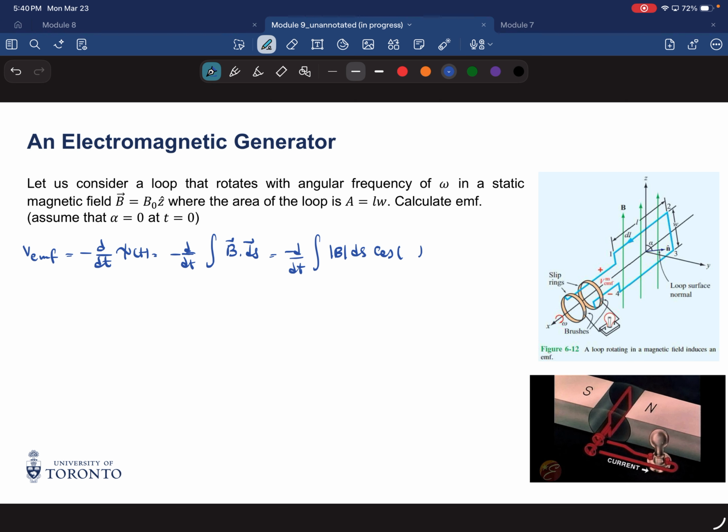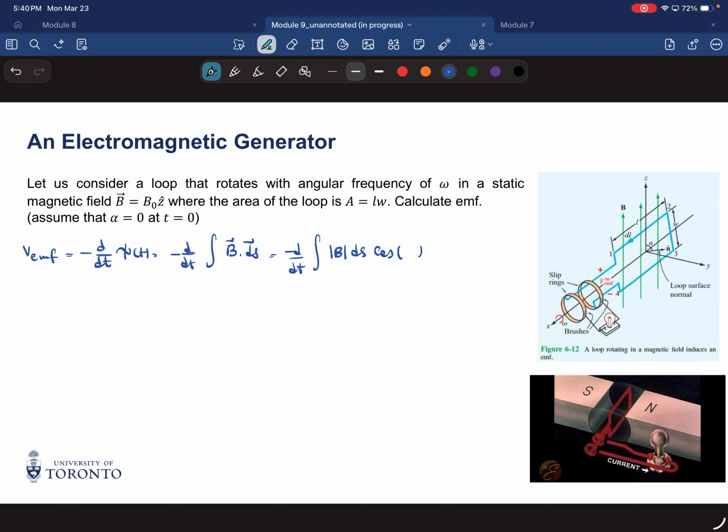All three of these variables can change with time. The amplitude of B can change by time, dS, or the area, can change by time, and the angle between the two can change by time as well. But let's see which one of these cases we have here, okay?